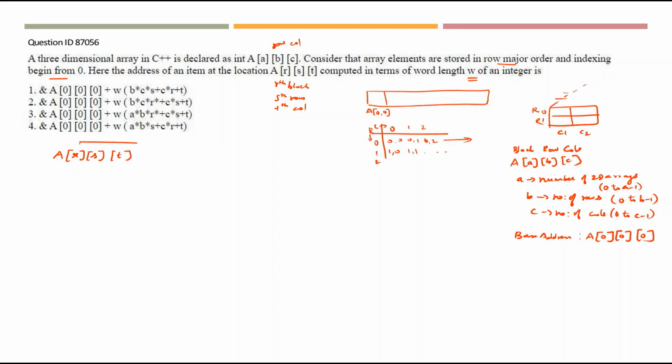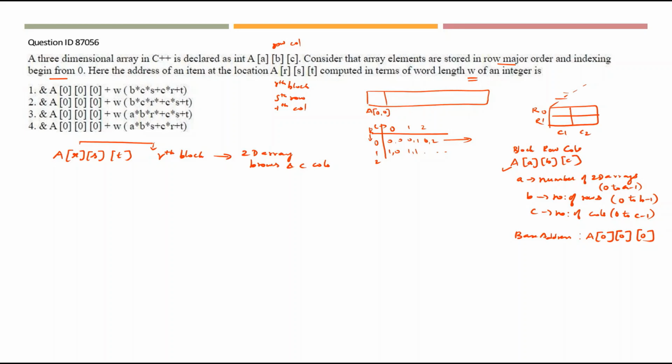What does this R say? The item is located at the rth block. So this rth block will have a 2D array consisting of B number of rows and C number of columns. So I have to skip R minus 1 2D arrays, which will include B number of rows and C number of columns. I said the range will be from 0 to A minus 1 for block in this case.